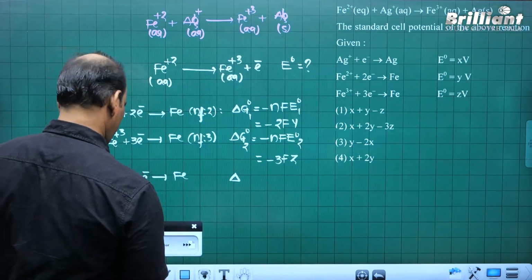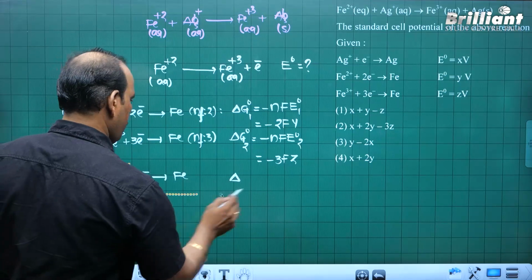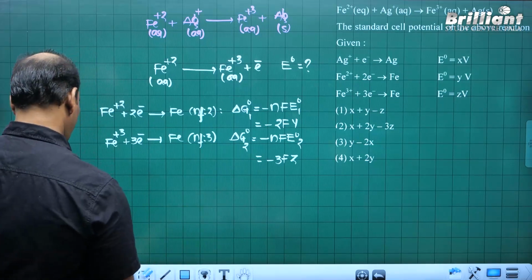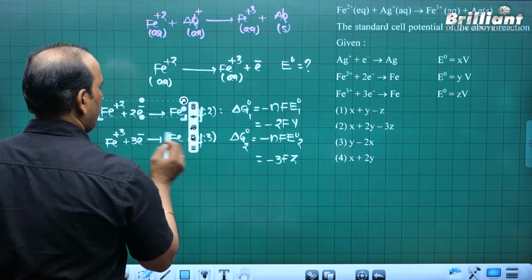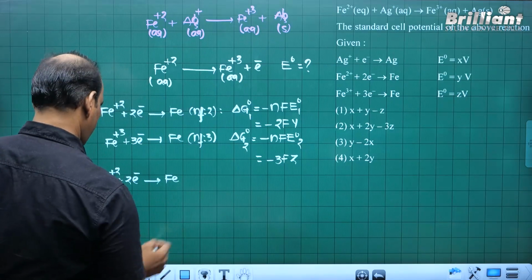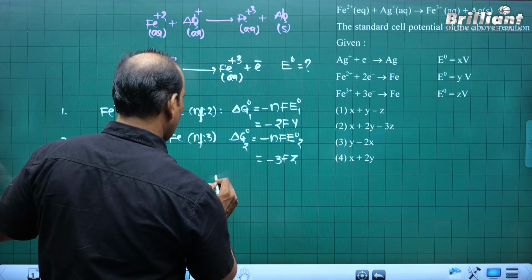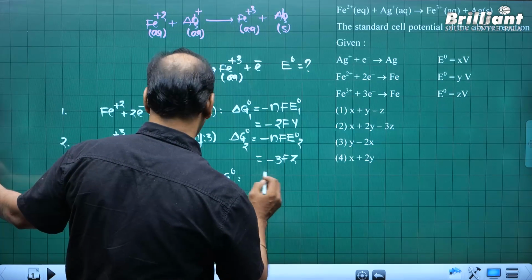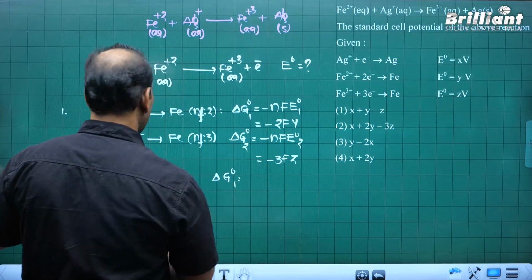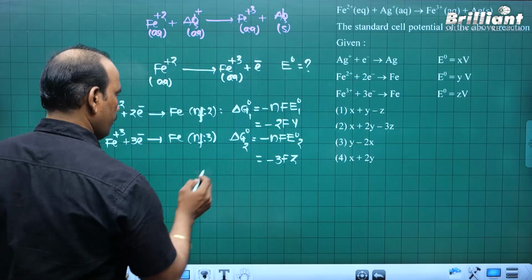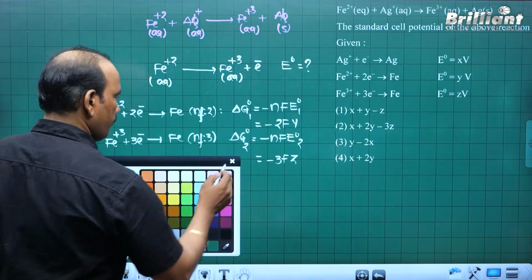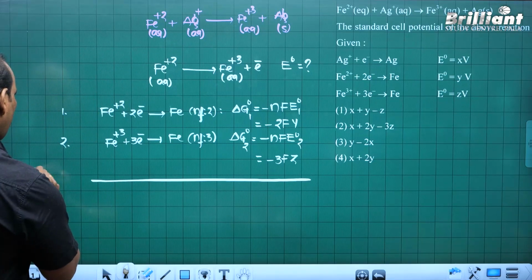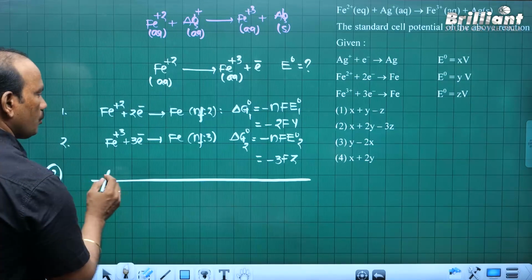Now delta G0 1 equal to, or you take directly, that is 1 minus 2.